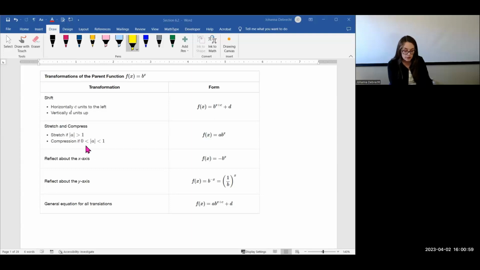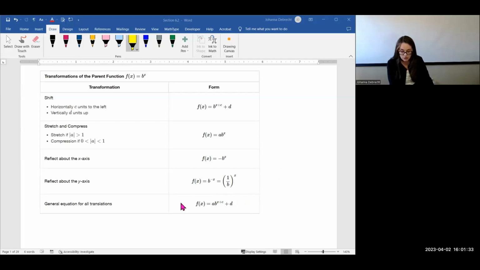If it's between 0 and 1, you get a compression. Now, to reflect about the x-axis, to flip it over the x-axis, you multiply the exponential by a negative 1. And to reflect about the y-axis horizontally, that means you have b to the negative x, which is the same as 1 over b to the x. This changes it from the parent function being a growth equation to the reflected function being a decay exponential, right?